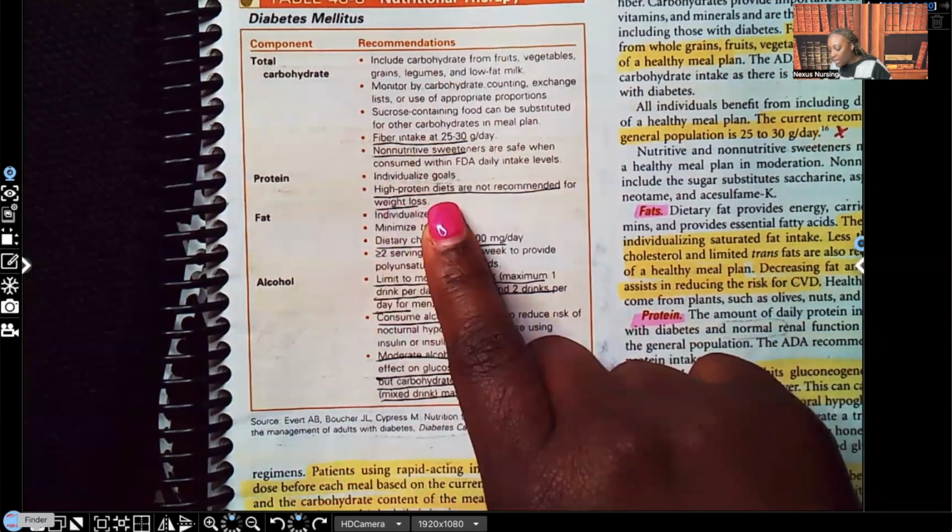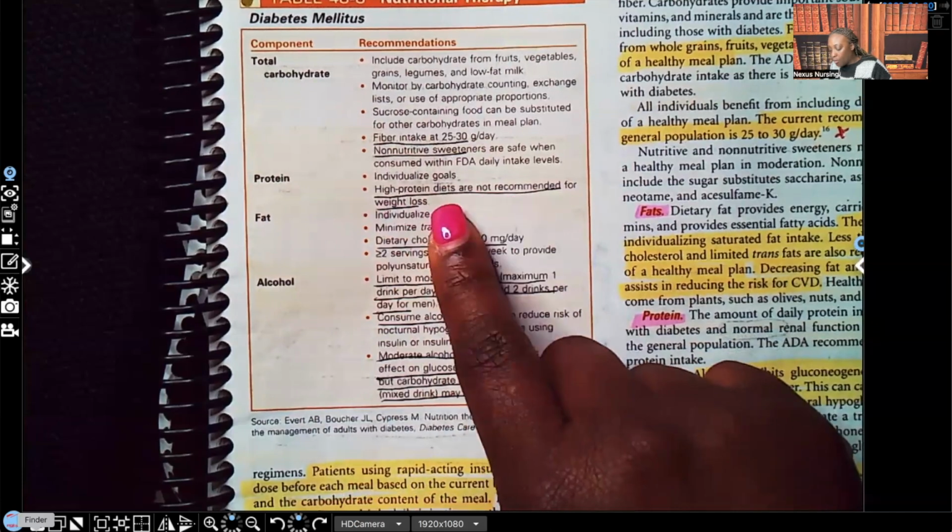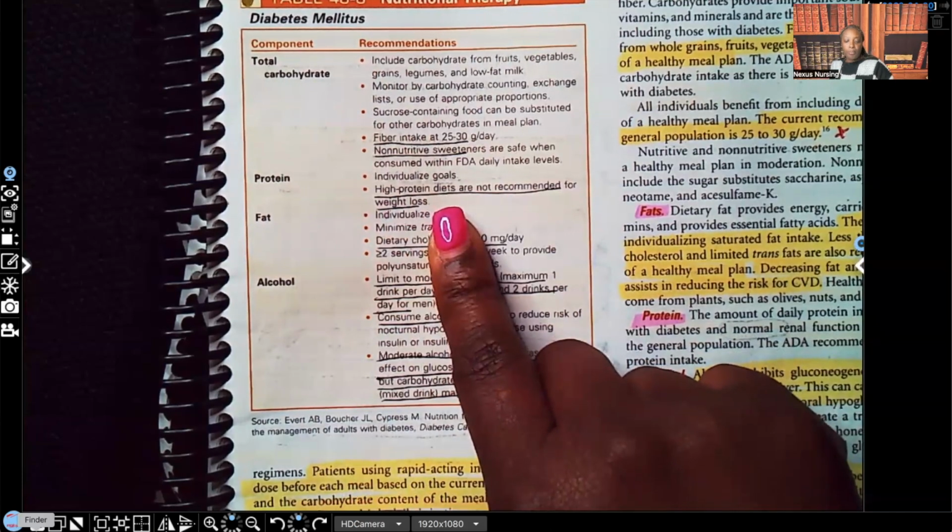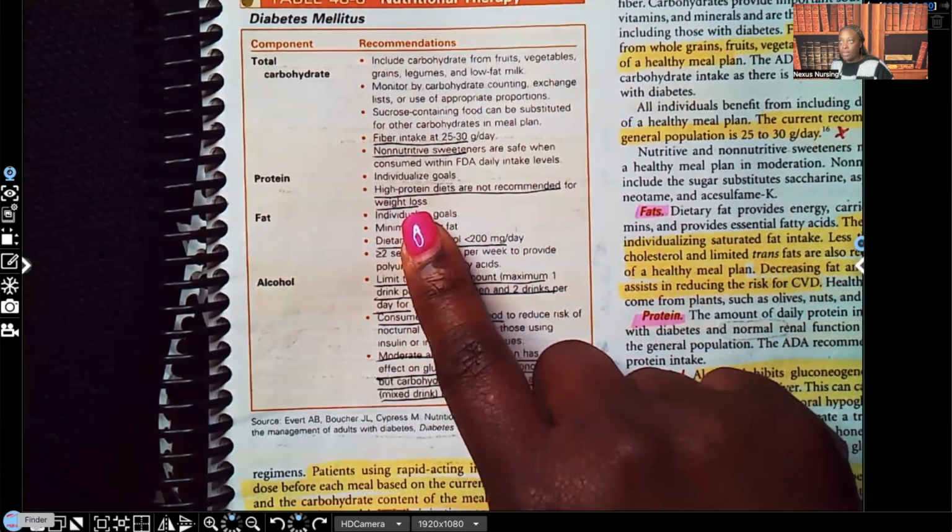Protein, high protein diets are not recommended for weight loss. Remember, protein helps build muscle, but those patients who are diabetic, they are not encouraging high protein intake, especially if the patient wants to lose weight.